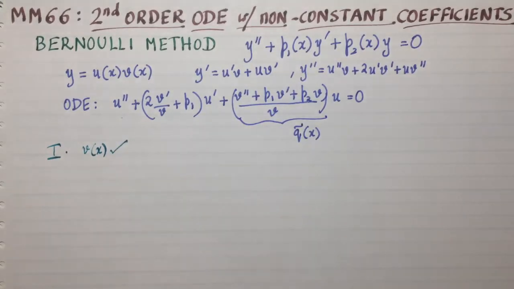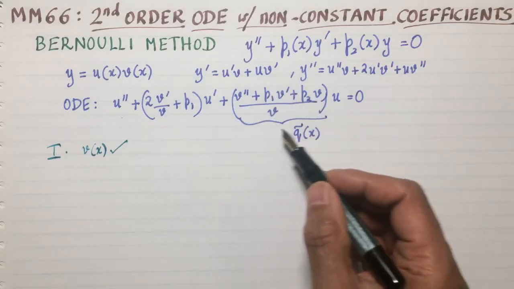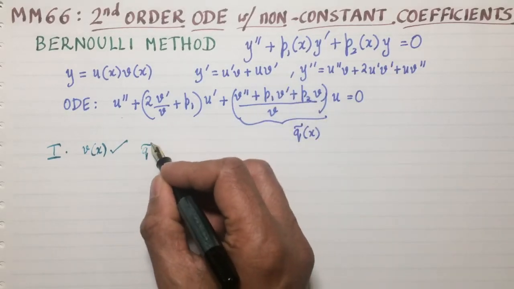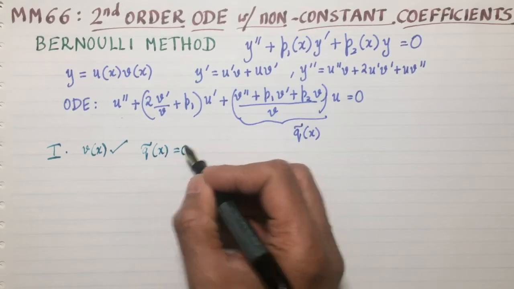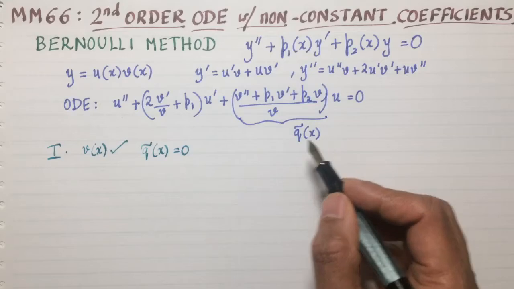Let's suppose it's known. Then, if v of x is a known solution, this coefficient is 0, because v of x satisfies the original differential equation. So this coefficient becomes 0.